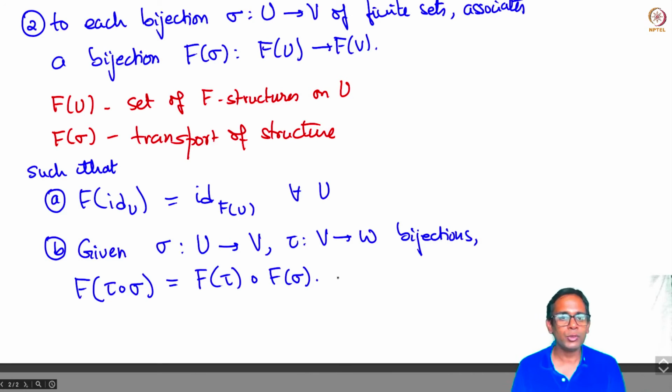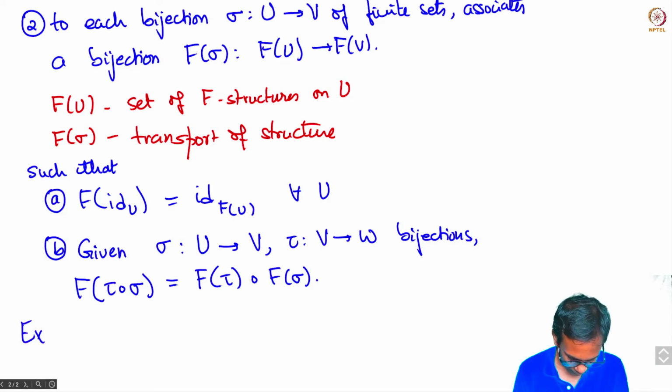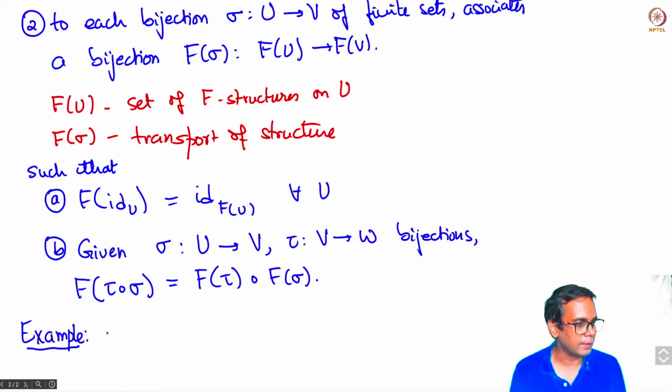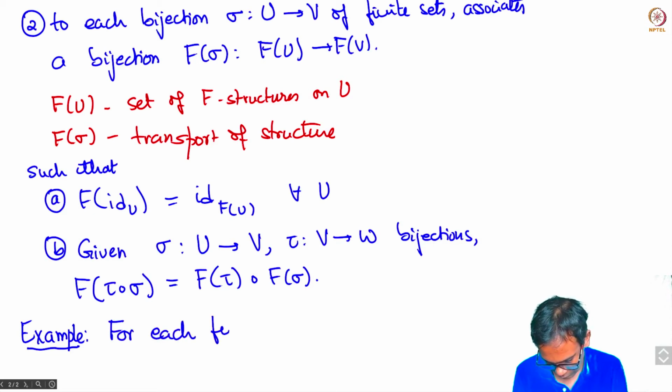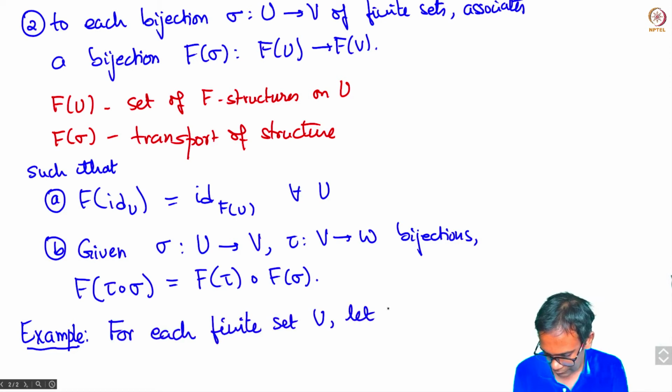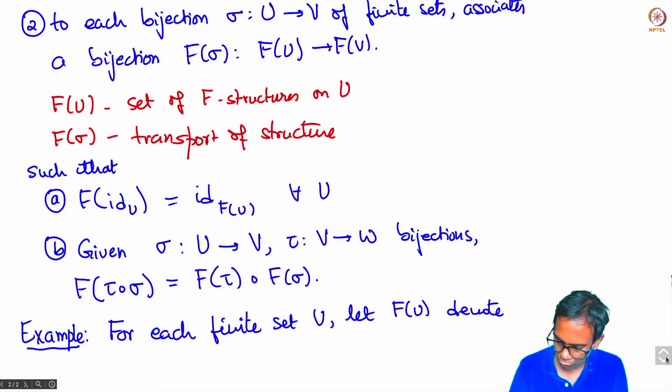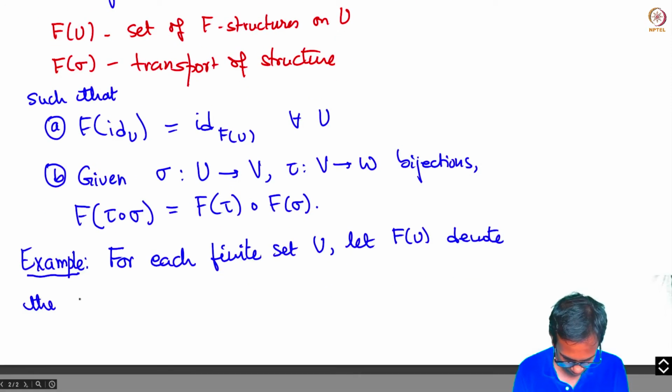Let me give you an example of a species. So this is a historically interesting example. For each finite set U, let F U denote the set of all trees.